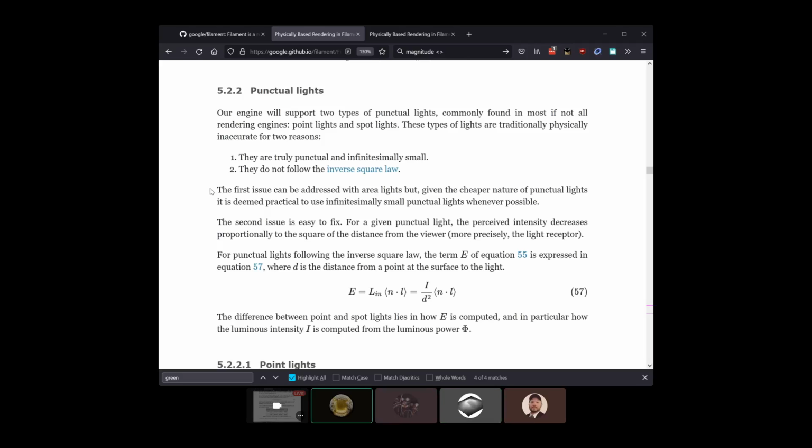I wonder what they mean by the second point, where they said they don't follow inverse square law. Is that like Source engine kind of lights, where it has the constant term, the linear term, and then the quadratic term? I feel like that's what it's in reference to. I think so.